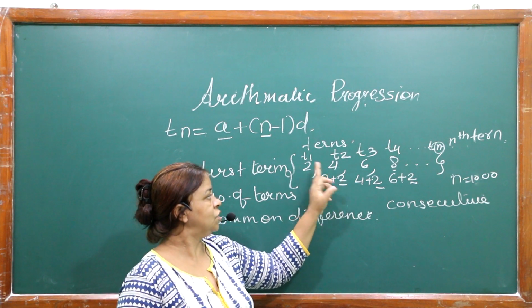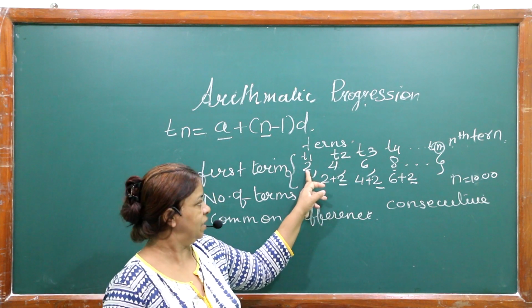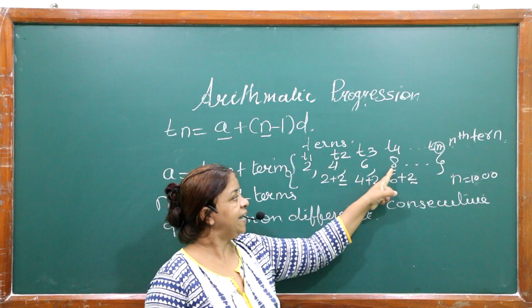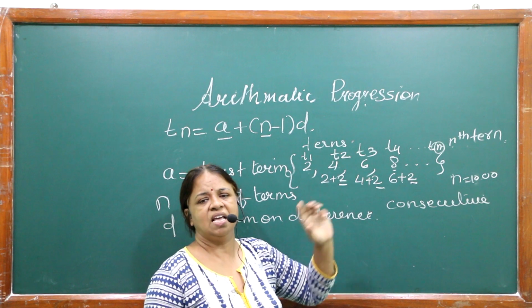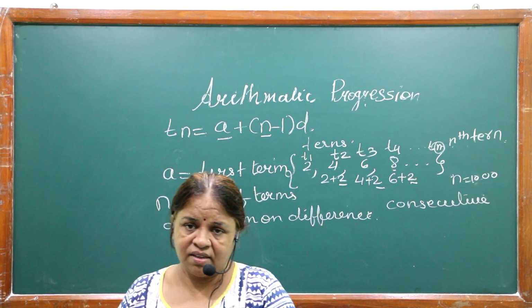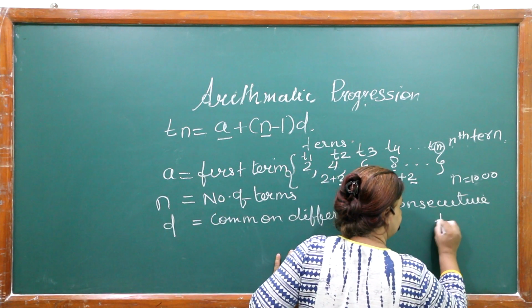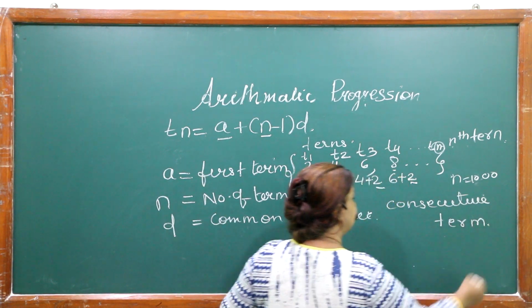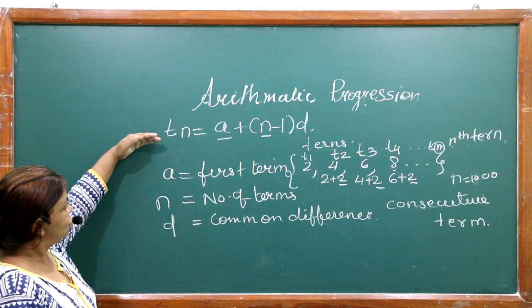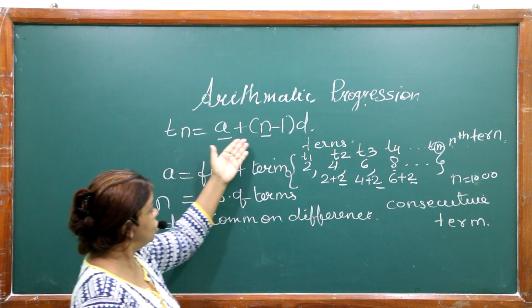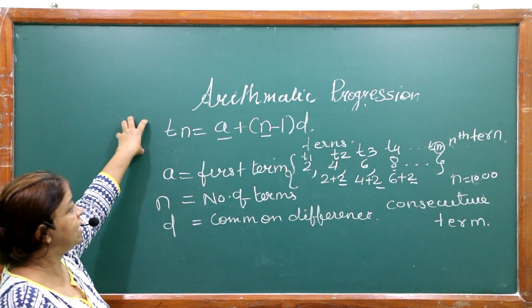So 4 is consecutive to 2 in even order. 6 is the consecutive number of 4. 8 is the consecutive number of 6. The one which falls next is called a consecutive term. So these are the terminologies we should know for an arithmetic progression.